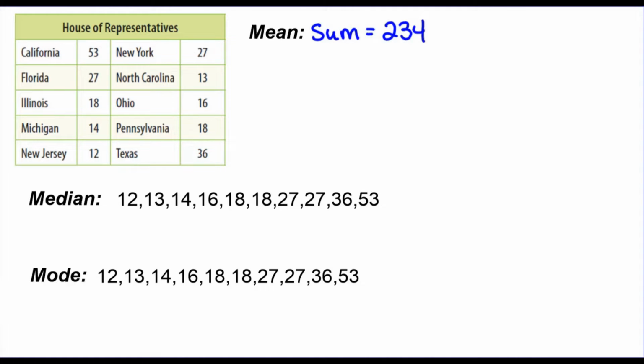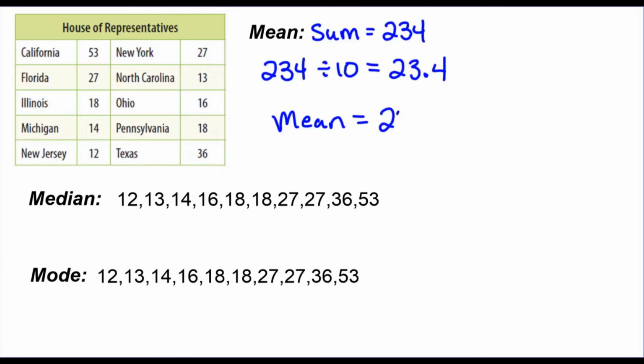And then to find the average, I need to divide that by how many numbers I have in the data set. And there are 10 numbers in this data set. So I take 234 divided by 10, which is 23.4. So our mean, or the average number of representatives per state, is 23.4.